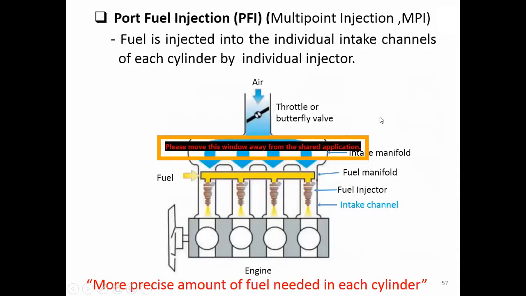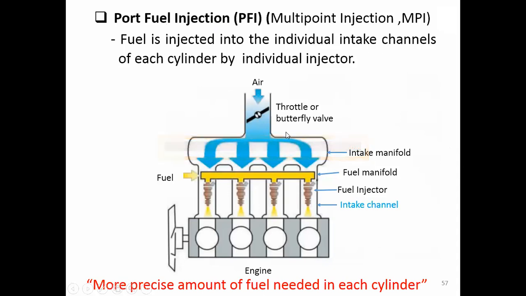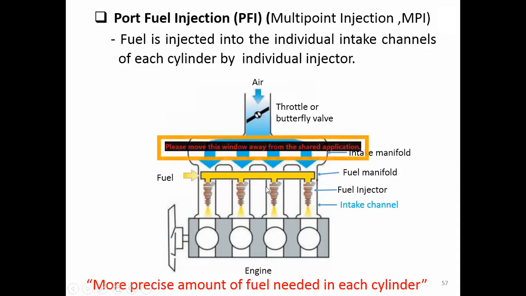Okay. Later on, the second development is called port fuel injection, the PFI, or the multi-point injection system. Due to the development of a good material, they can now move the injector further down, close to the cylinder, because now they believe in the strength of the material.